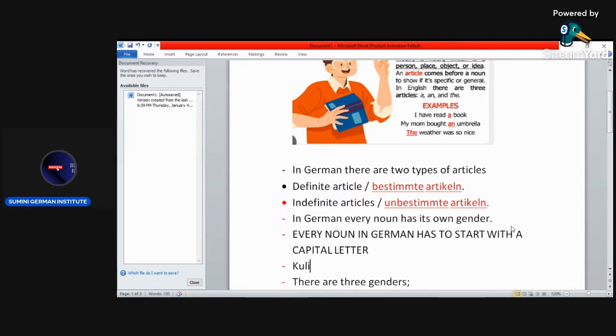Since it's a noun, it has to start with a capital letter, capital K, whether it is at the beginning of the sentence, in the middle, or at the end. In English, we say only proper nouns begin with a capital letter. But in German, every noun has to start with a capital letter.